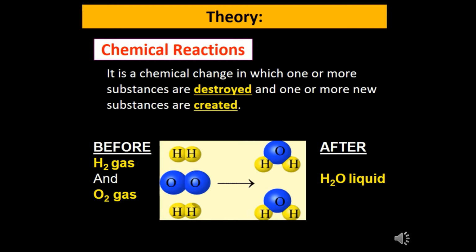For example, we have given the example of the formation of water, in which you can see here we have before and after. Before, we have H2 gas, which is hydrogen gas, and then we have O2 gas, which is oxygen gas. When we burn hydrogen gas in the presence of oxygen, hydrogen will react with oxygen.